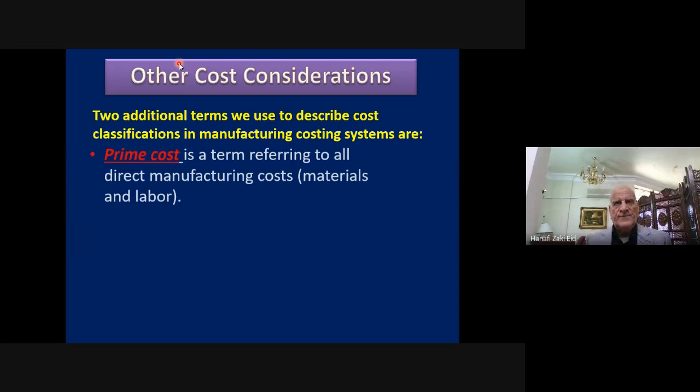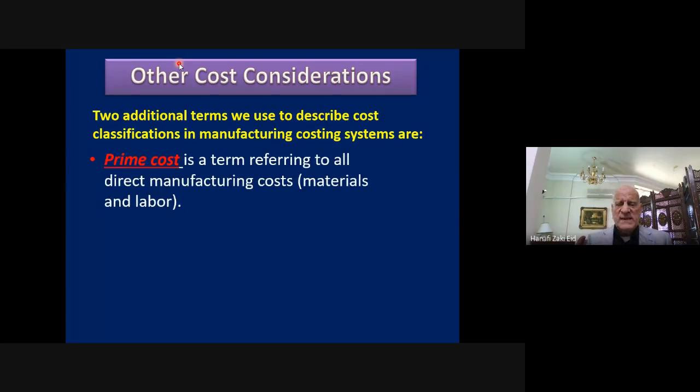Prime costs. We use this terminology in cost accounting. Prime cost is a term referring to all the direct manufacturing costs, which consists of direct materials and direct labor. The sum of these direct costs is called prime cost.